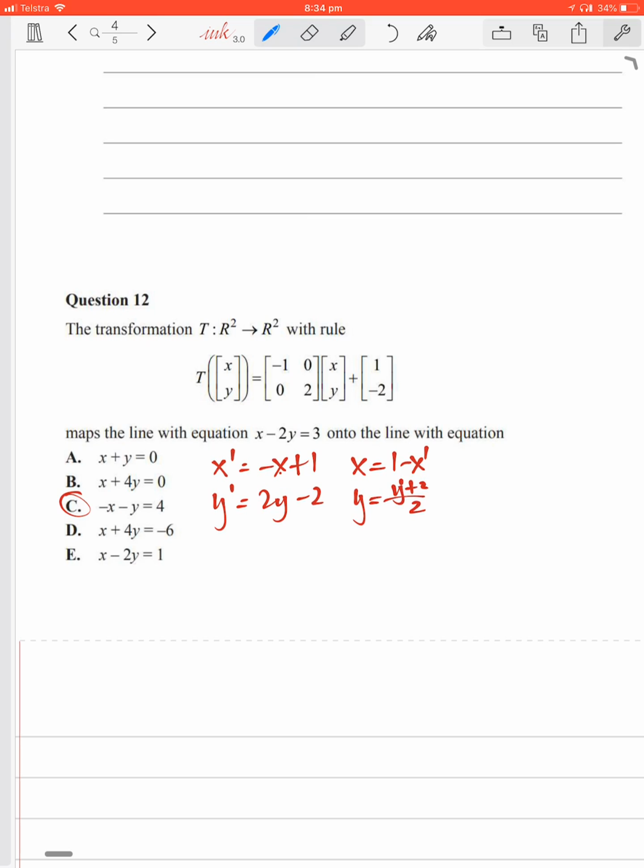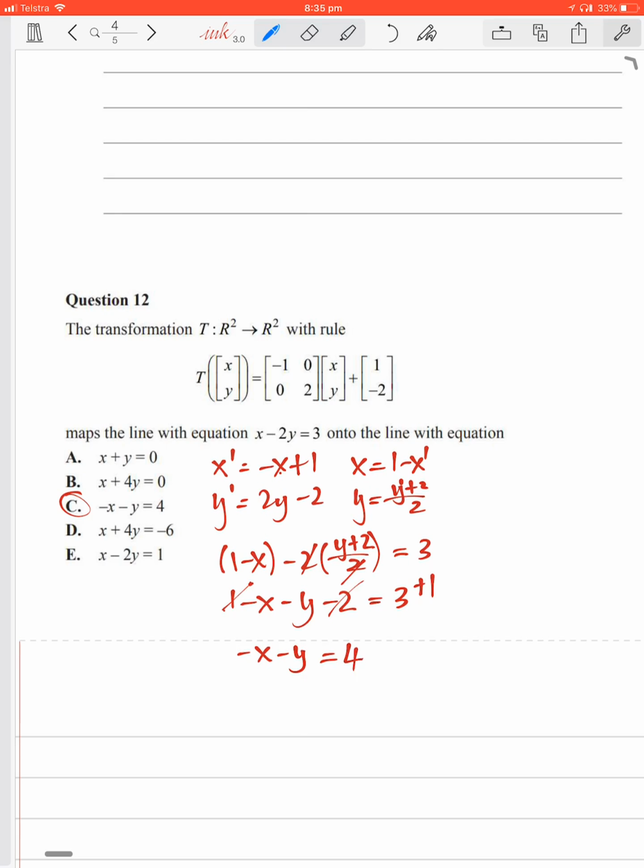If we put that into the equation, we get 1 minus x minus 2 times y plus 2 on 2 is equal to 3. They cancel. So we get 1 minus x minus y minus 2 is equal to 3. I get minus x minus y. 1 minus 2 is minus 1. When I bring it to the other side, it becomes plus 1. So I get 4. So that's the same as what we got before.